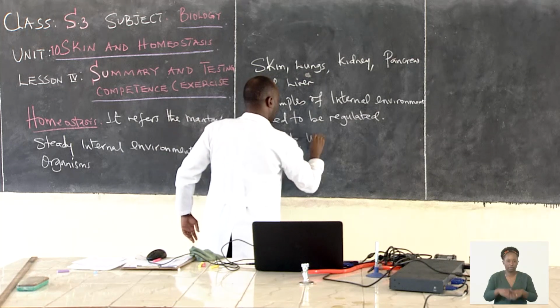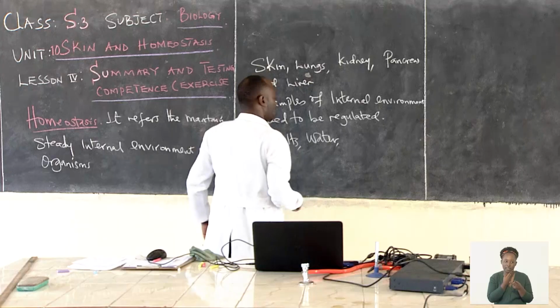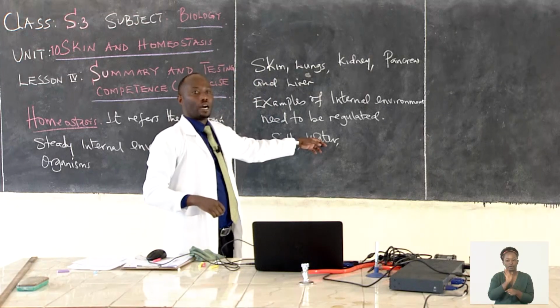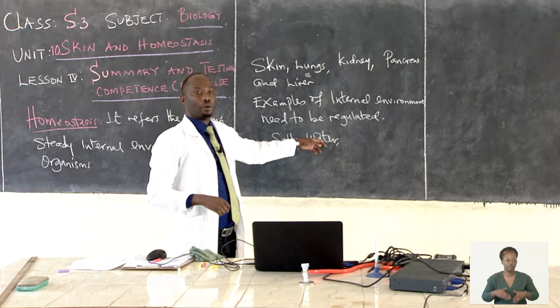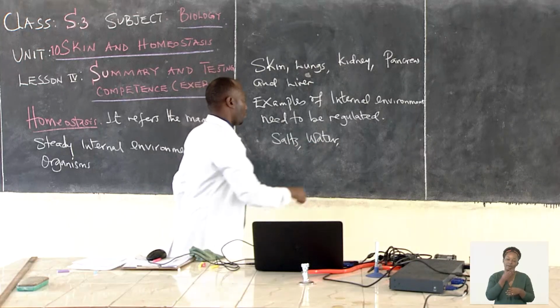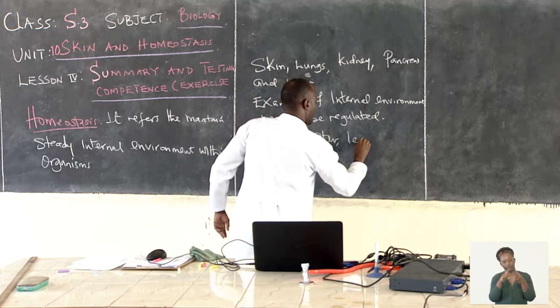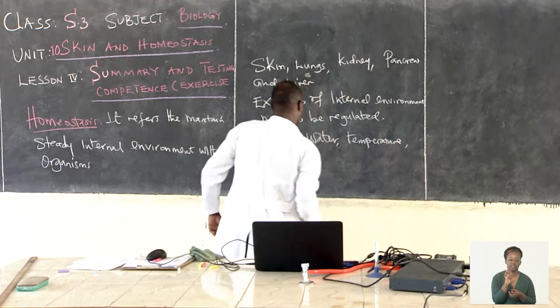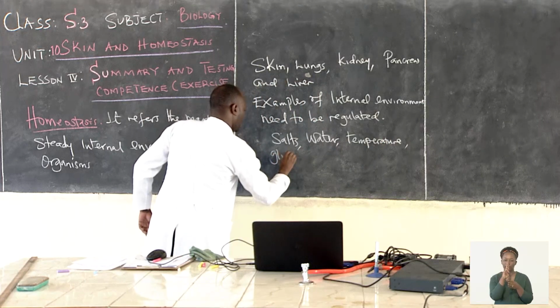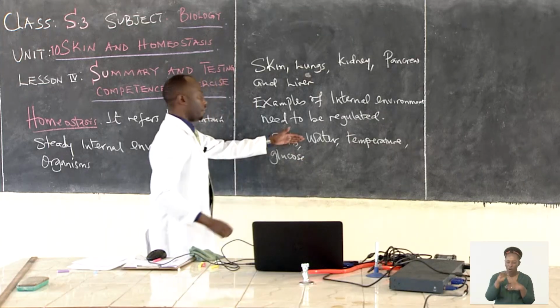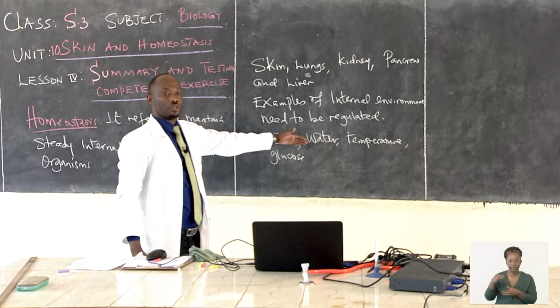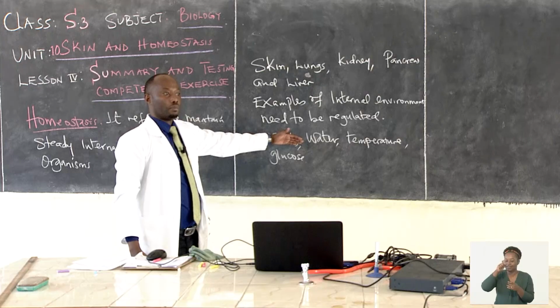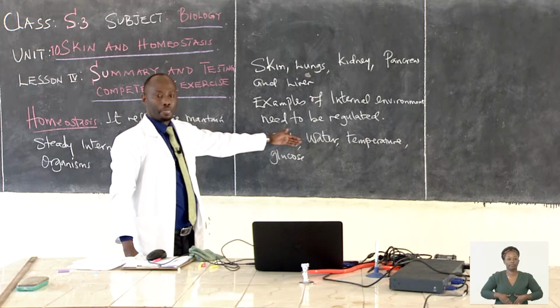We have water, and I do remember, most of you, we said how the body regulates the amount of water in the body. We have the temperature. We have the glucose. All these internal variables need to be regulated in the body.